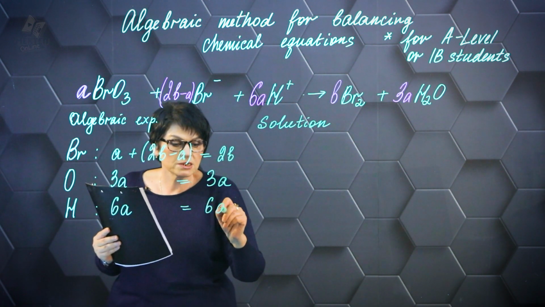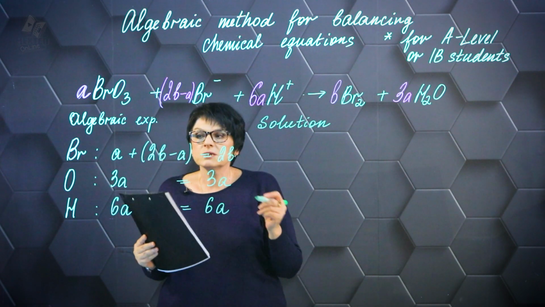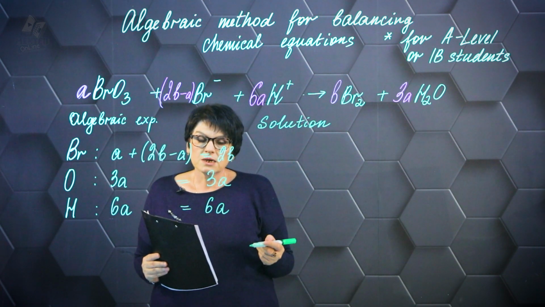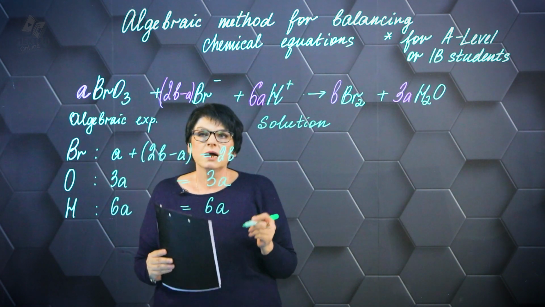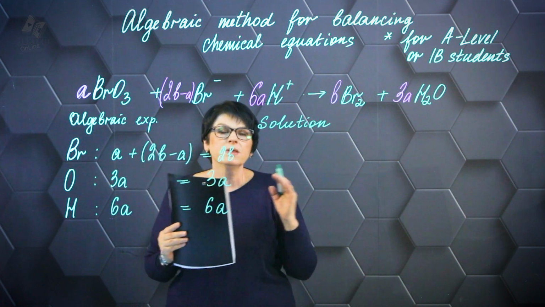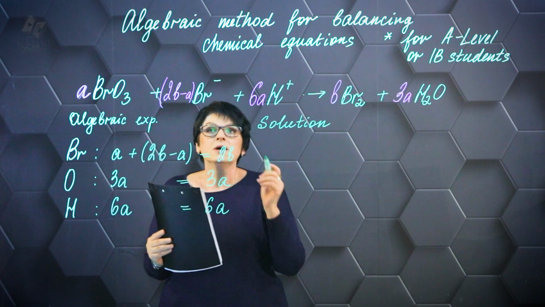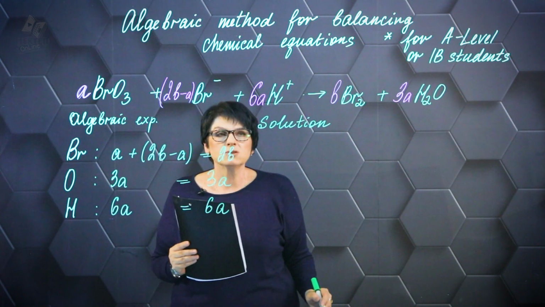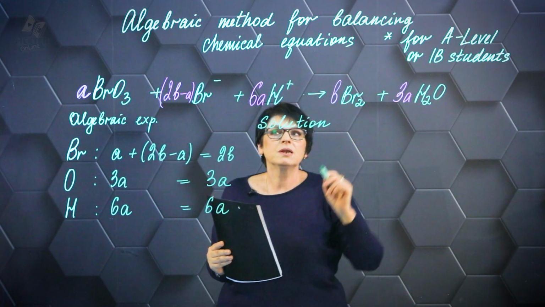Now, what equation are we going to start from? We're going to start from this one here. What's unusual about this equation? It would seem that how can we calculate from here? But there's a pattern that as much as we have the sum of charges on the left side, the same amount should be the sum of charges we get on the right side. But on the left-hand side, notice we have 2 ions, a minus ion and a plus ion, and on the right-hand side these are all neutral molecules and their charges are 0.